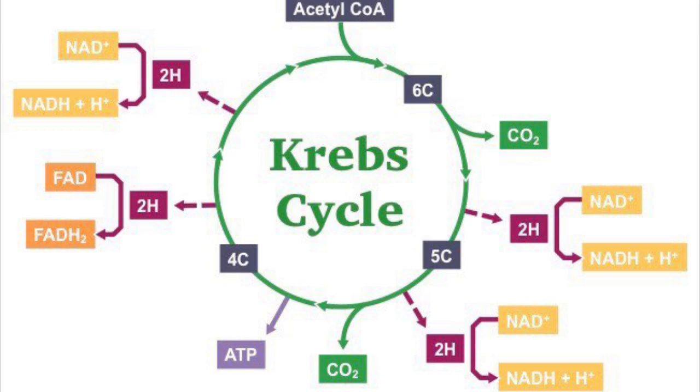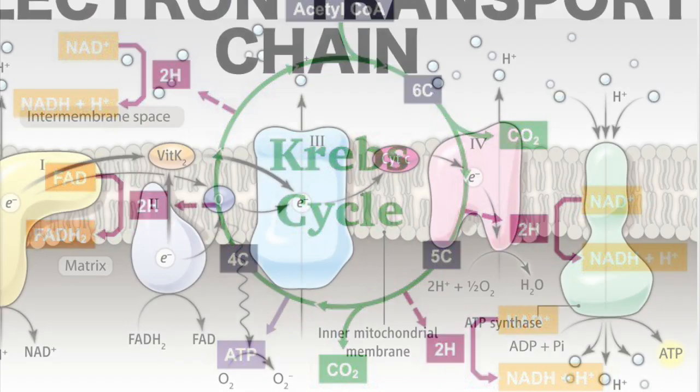This forms fumarate. A water molecule is added to fumarate to form malate, which enters step 8. Malate is then oxidized to oxaloacetate as 2 electrons and 2 hydrogens are removed, and oxaloacetate can now react with a new acetyl-CoA and start the cycle all over again.